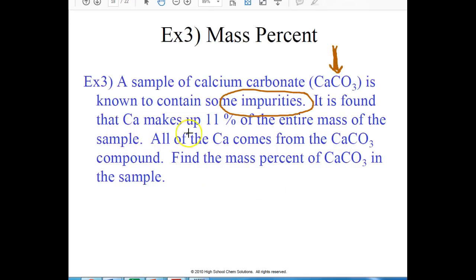But it is found that calcium makes up 11% of the sample. And all the calcium in there comes from calcium carbonate. So find the mass percent of the calcium carbonate in the sample. So we have the percentage of the calcium. We want to know the percentage of the calcium carbonate. Right? So how do we do that?